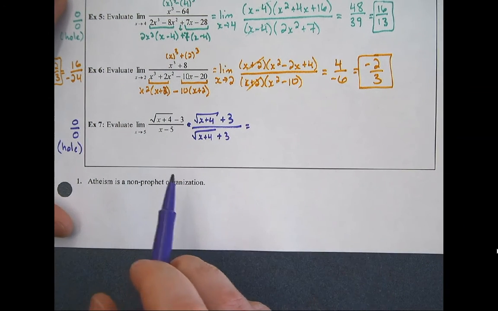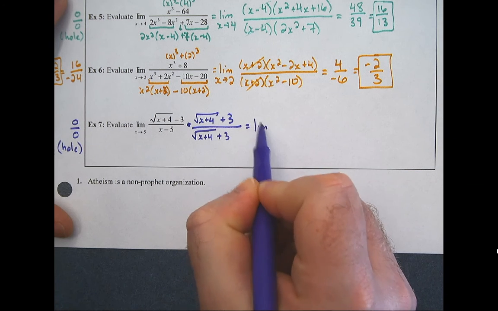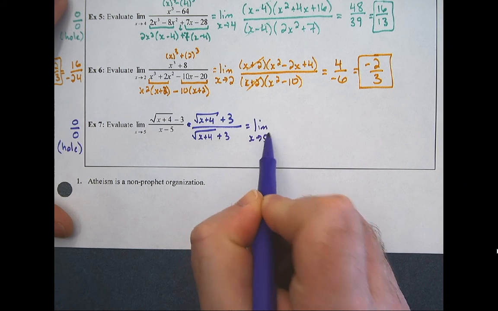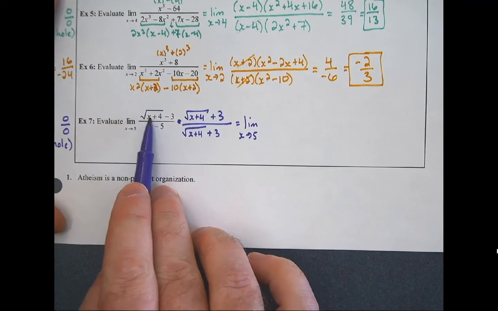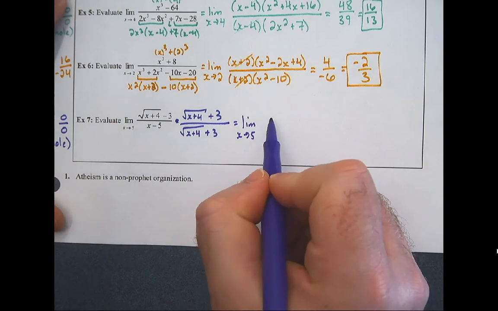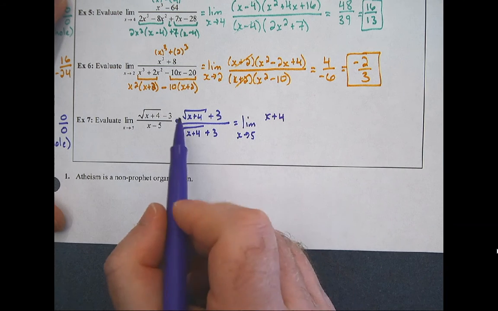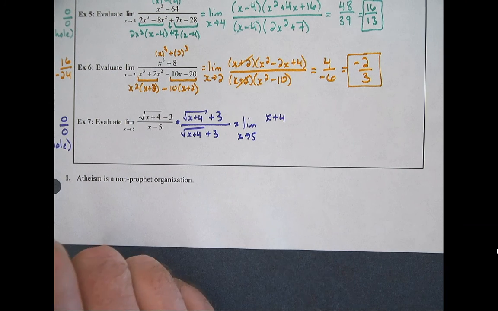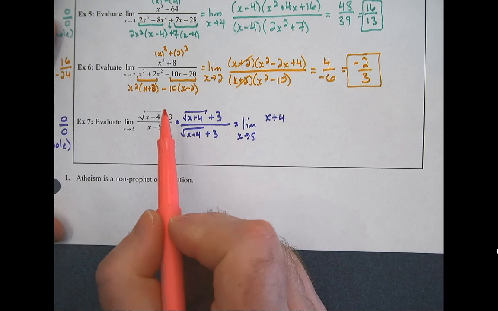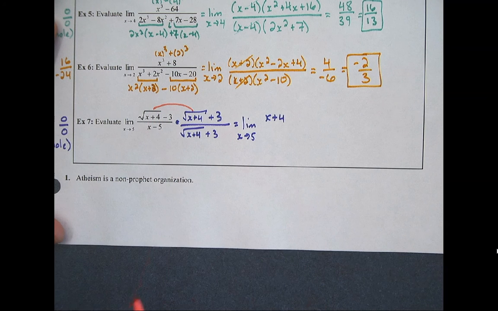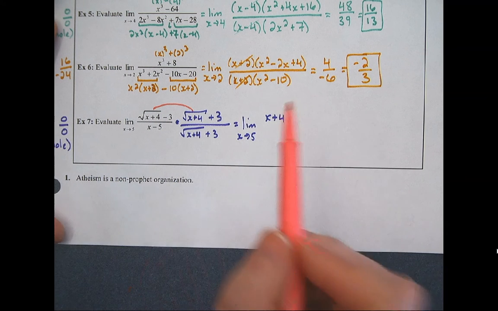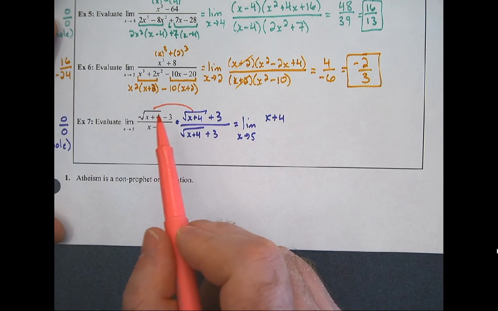Okay, so let's distribute this now. The limit as x approaches 5, root x plus 4 times root x plus 4 is x plus 4. Now remember how this kind of distribution is so nice when it comes to conjugates. So we did root x plus 4 times root x plus 4. That's going to square it. In other words, it's going to get rid of the root.